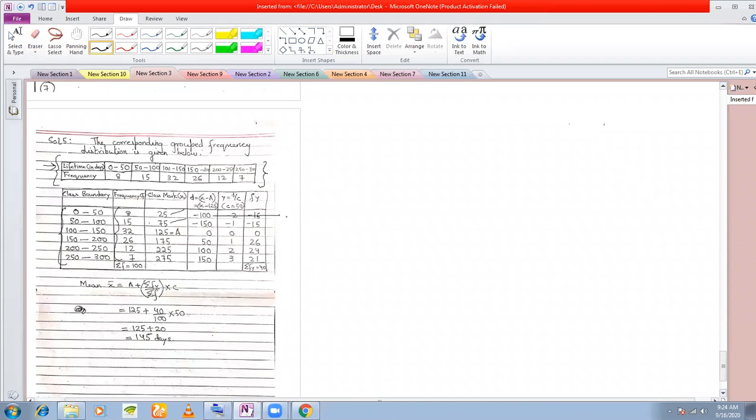So for the first deviation, d is equal to x minus 125, since I have taken 125; it will remain 125 throughout. For the first one, x is 25. So 25 minus 125 will give you minus 100, which I have here.